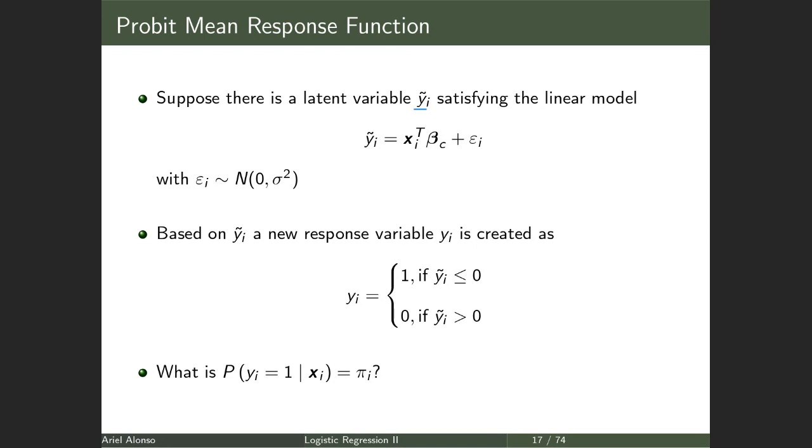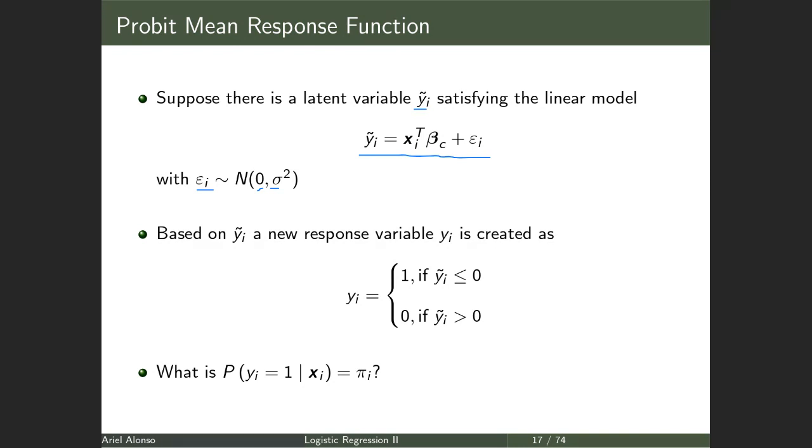So let's assume that you have this continuous random variable that follows a linear model, right? So this epsilon over here is what we call a white noise. It has mean zero and variance sigma square. So a latent variable is a variable that you do not observe. It is there, but you have not measured it or you cannot measure it.